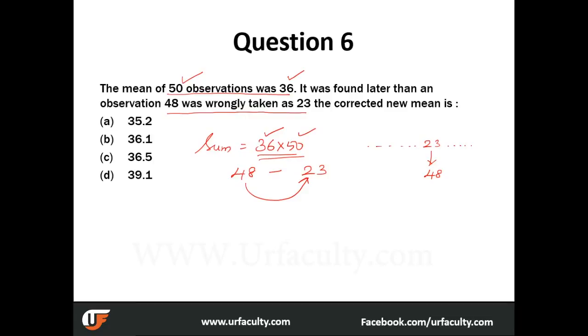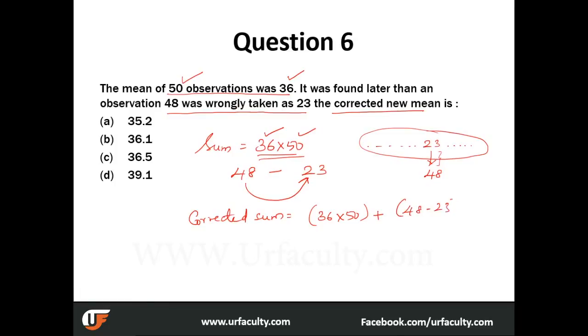Now what happens here? I just need to find out the difference that needs to be added to this overall sum so that we get the actual corrected mean, right? So we can just write corrected sum is equal to 36 into 50, plus 48 minus 23.